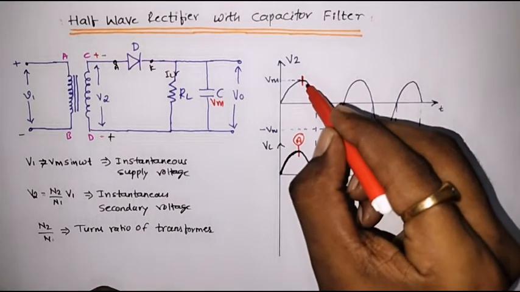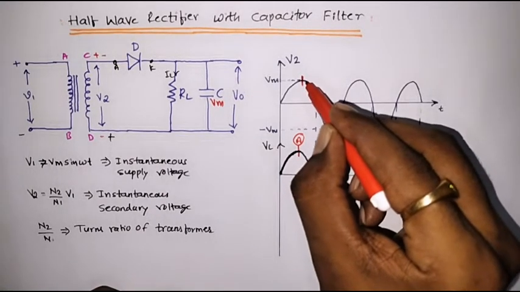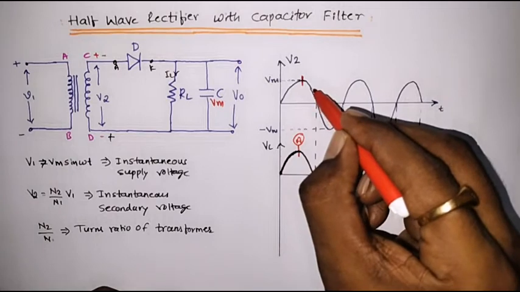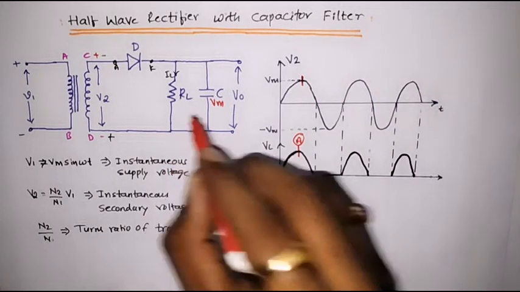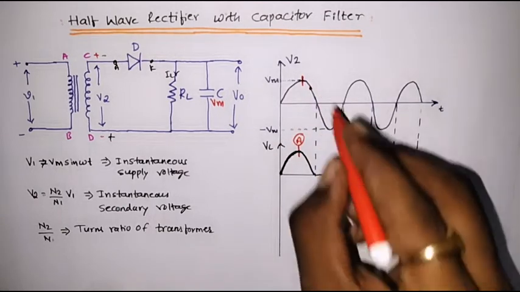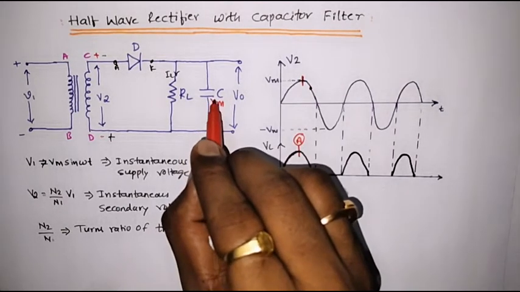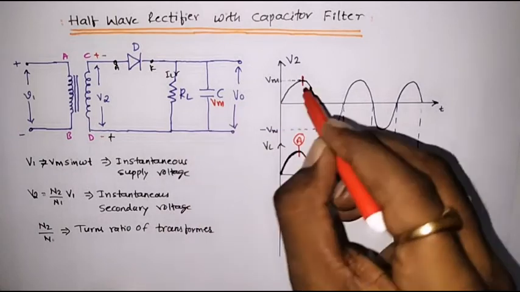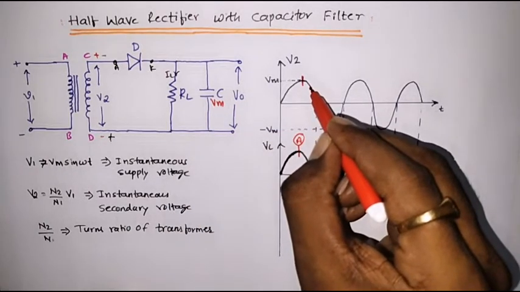When the input voltage crosses Vm, it will start decreasing. Suppose the capacitor voltage is Vm but the input voltage is less than Vm.